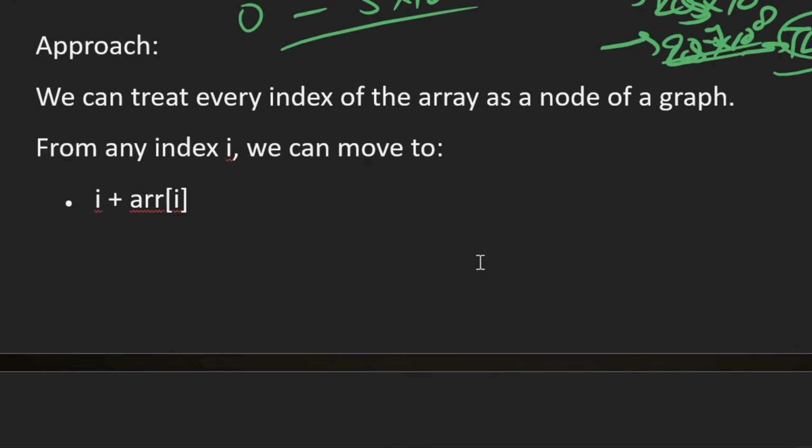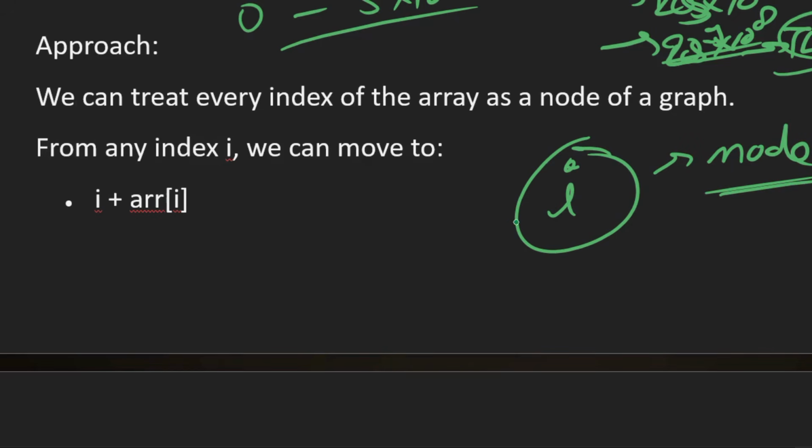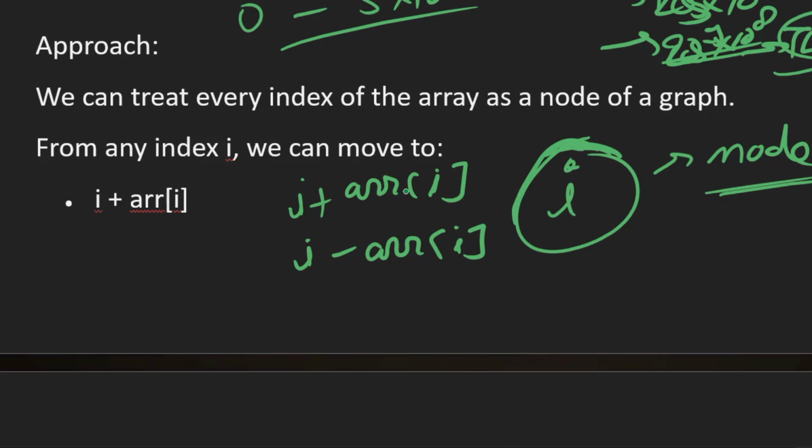Basically what we do is we treat each index i as a node of a graph, and from this index we can take two possible jumps. One is to i plus arr[i], and the other is to i minus arr[i]. So from this node we can go to these two nodes if they are present within the array.